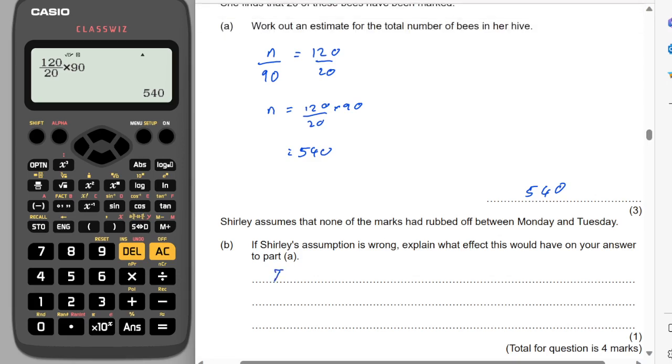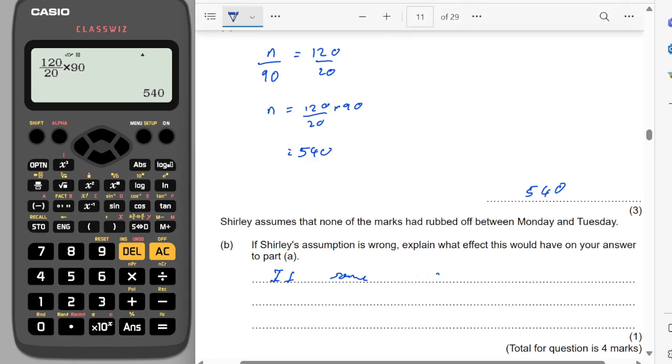So if some marks rubbed off, my answer to part A would be an overestimate.